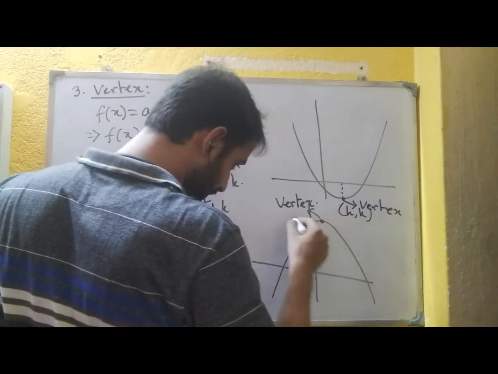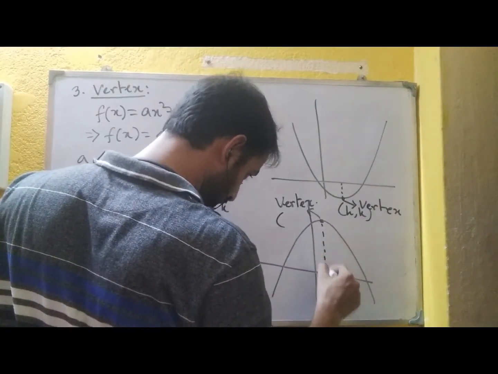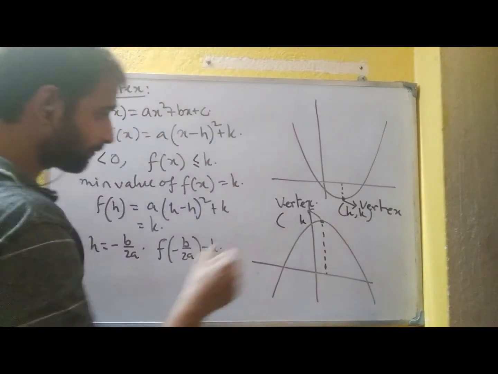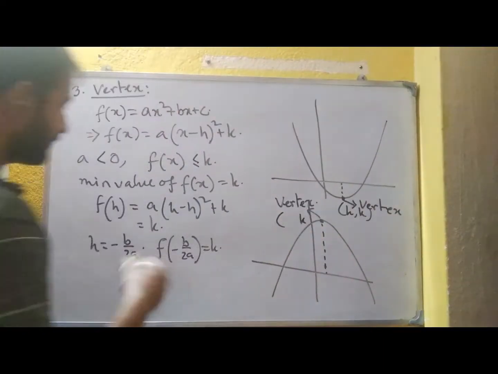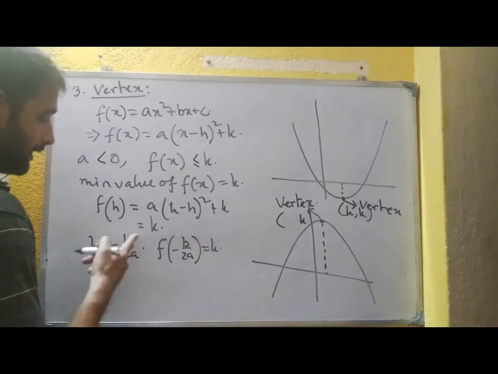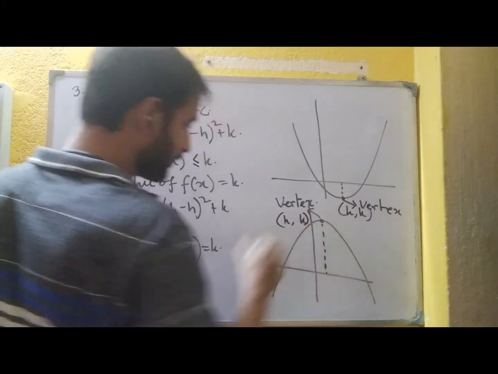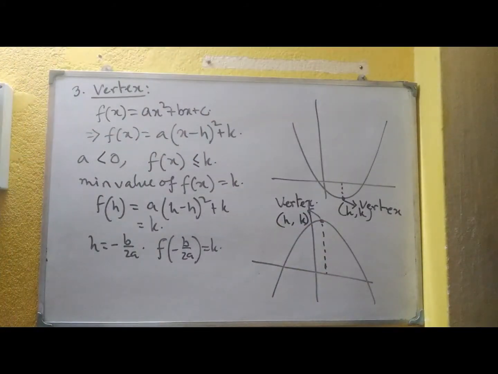That means the highest point here will have the y coordinate k, and in the same way it has the value k at the point h. So you can say the highest point will be h comma k. That is, the vertex will be h comma k.